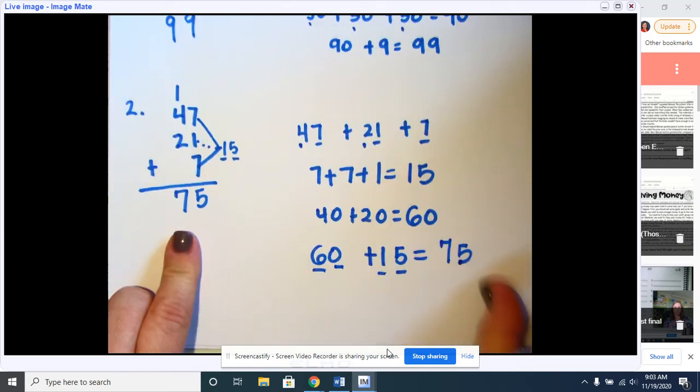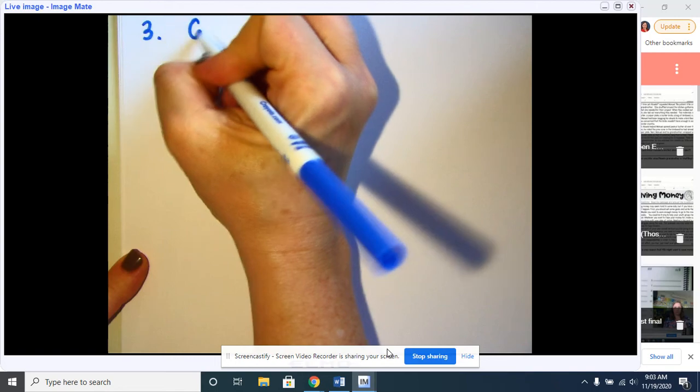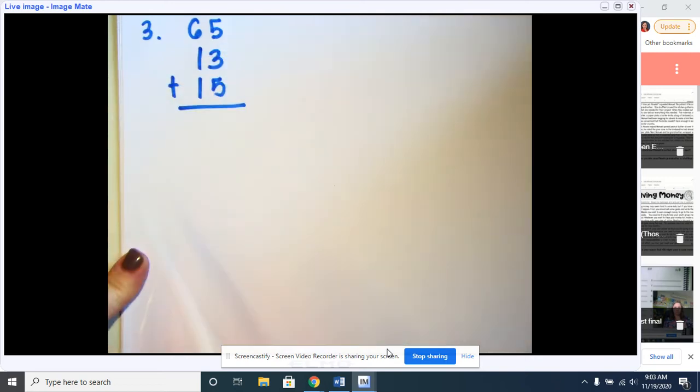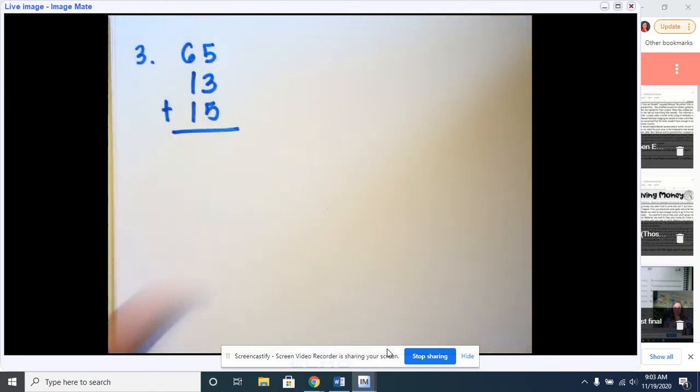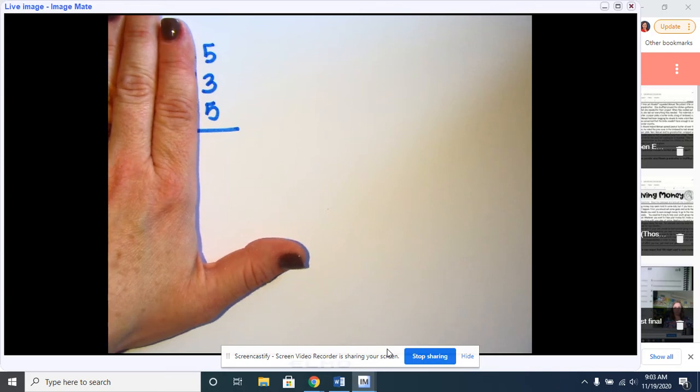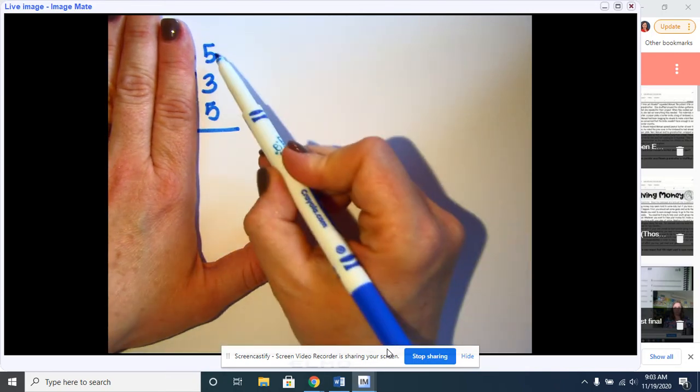Let's look at number 3. Number 3 is 65 plus 13 plus 15. Strategy number 1 is just to add the ones first and then the tens. Look, the two largest ones make a 10.